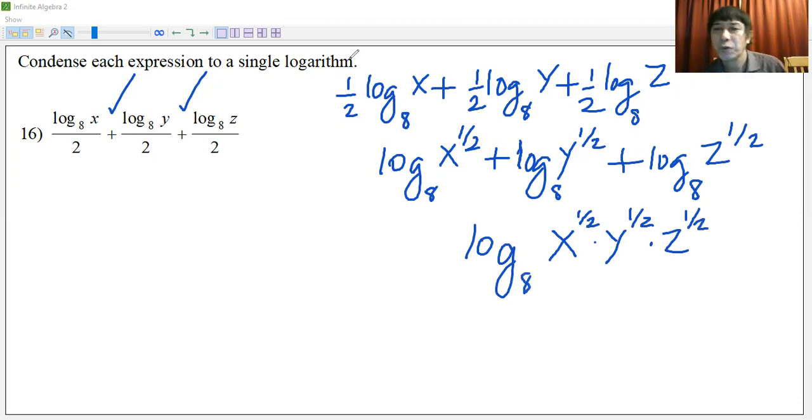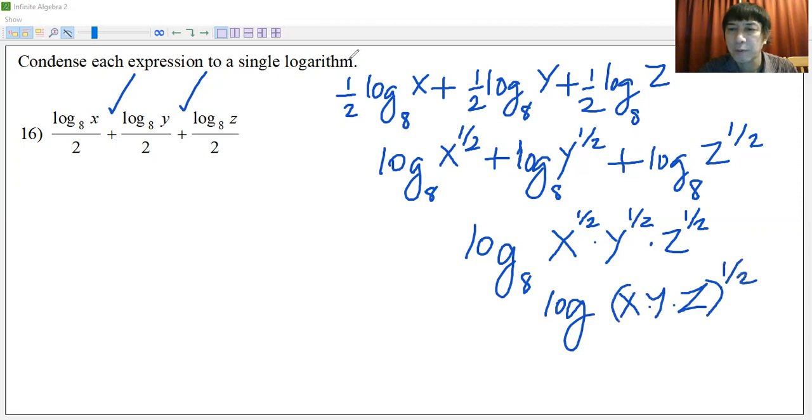And so we can write this as x, y, z raised to 1/2. So this is logarithm of x, y, z raised to 1/2 base 8. And the final expression will be, 1/2 means square root.